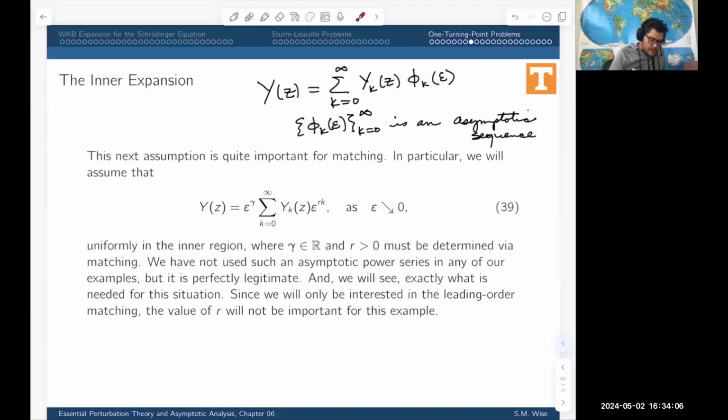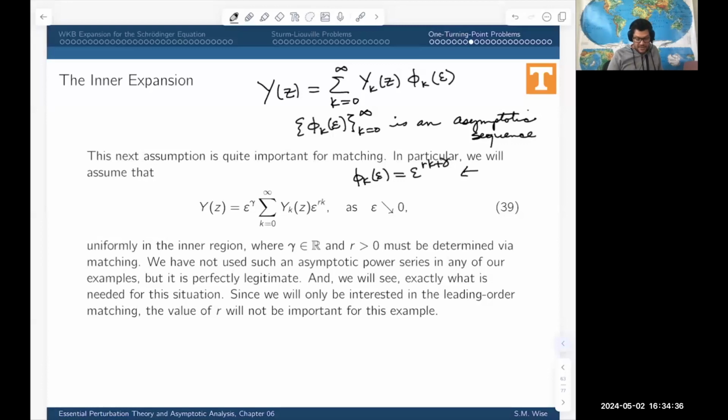So we needed this sequence, phi k of epsilon, to be what's called an asymptotic sequence. If you look at the definition of an asymptotic sequence, then this sequence here, phi k equals epsilon to the rk plus gamma, is a perfectly good asymptotic sequence that you could use for asymptotic expansions.